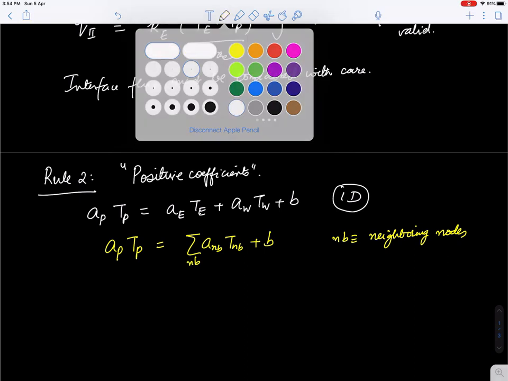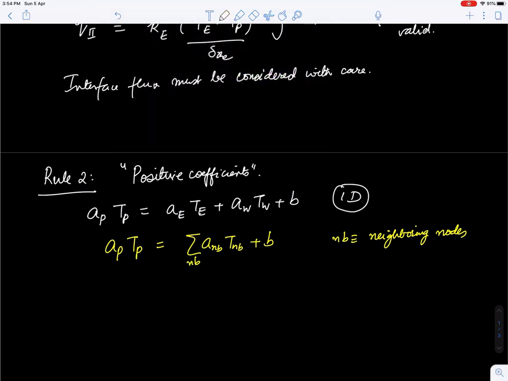Now, in most situations that we will encounter, the value of the dependent variable, in this case the temperature TP, will be influenced from the neighbors only through convection and diffusion. That is what we are doing in this course actually.